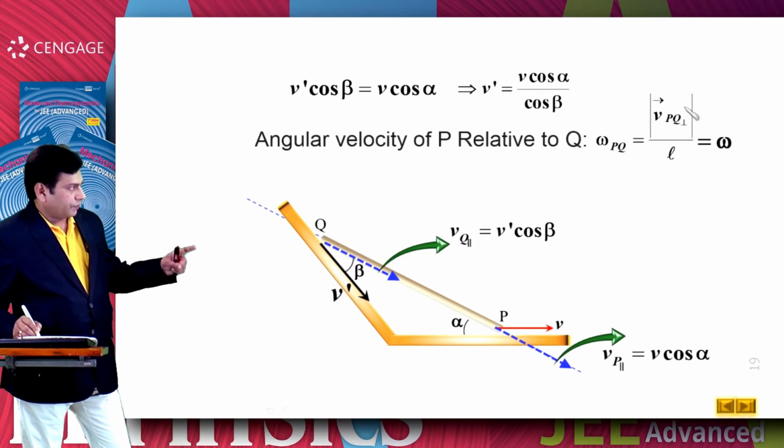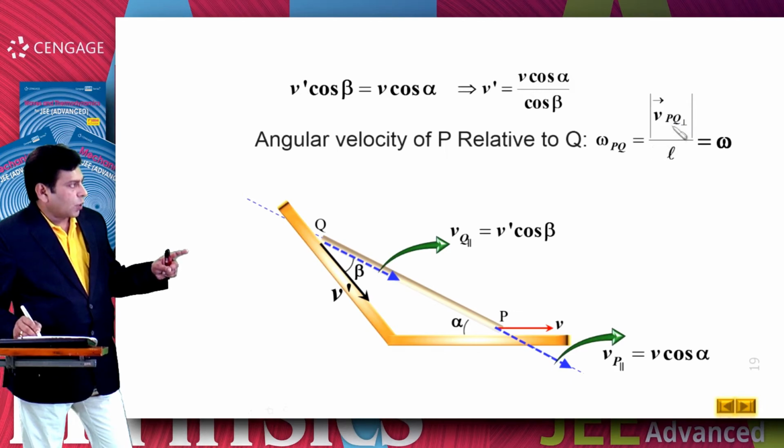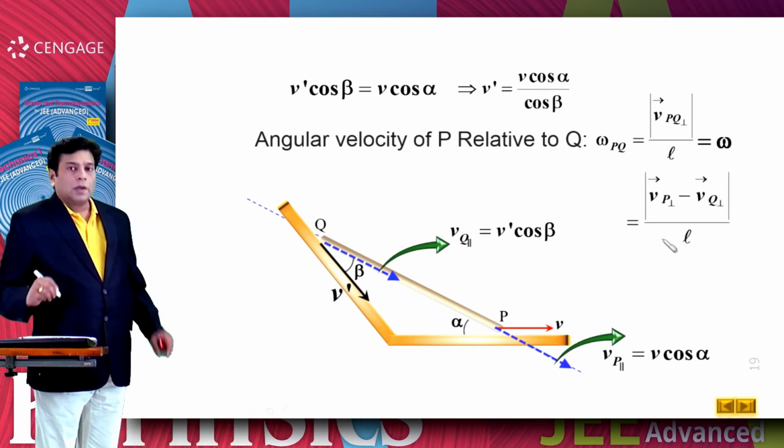And this expression, that is the relative velocity of P with respect to Q in the perpendicular component form, we can write as Vp perpendicular minus Vq perpendicular, overall divided by L. Correct?